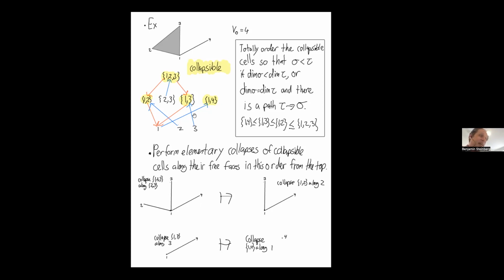So if you think about it, what could go wrong? The thing that can go wrong is maybe a cell like 1,4 might be the face of some other collapsible cell. If it's the face of a collapsible cell, that cell either has higher dimension, but that means the cell is bigger.